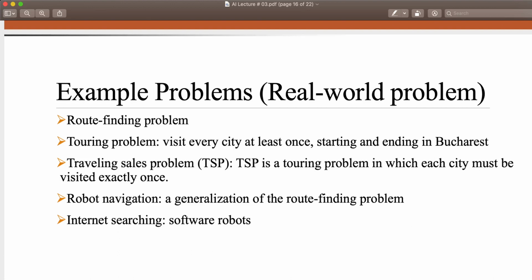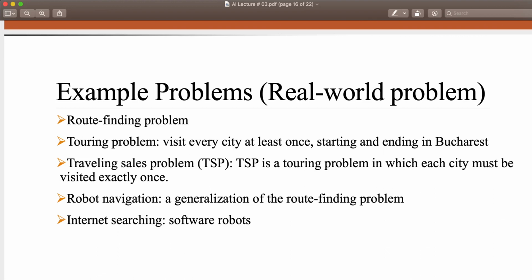Now the fourth one is robot navigation. This is the generalization of the route finding problem, but in this case, the agent is a robot. For the robot, the normal route finding problem has been made simpler, with limited actions.